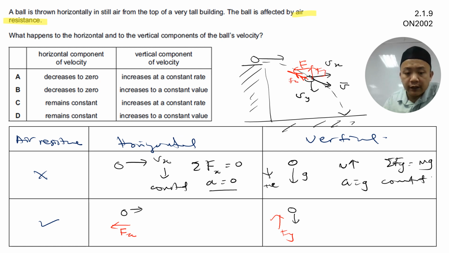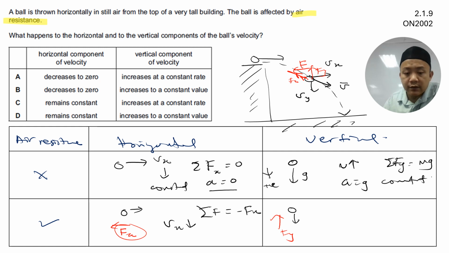Because of the occurrence of this additional Fx in our horizontal component, the net force here would not be equal to 0 in this case, but in fact it will be minus Fx because the direction is opposing. Therefore, we can assume that the horizontal component of V would be decreasing up to 0.